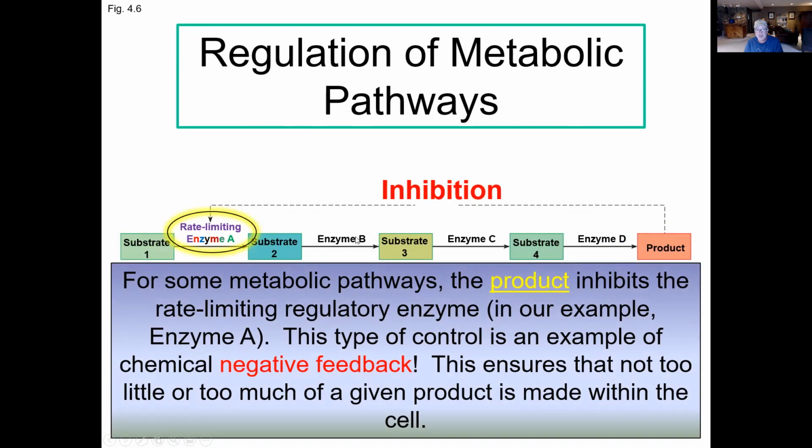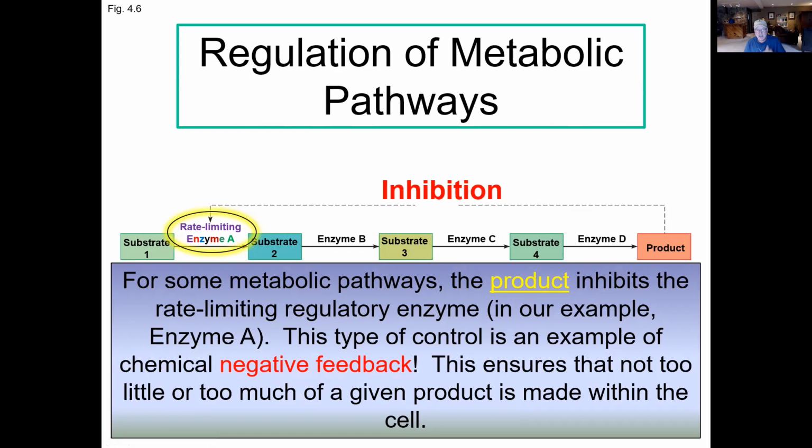These other enzymes, B, C, and D, are not impacted here at all. They'll convert as much as they can. But if we can influence the first reaction in the process, which is what we're doing here, and convert less of 1 into 2, the end result is going to be less product being made.